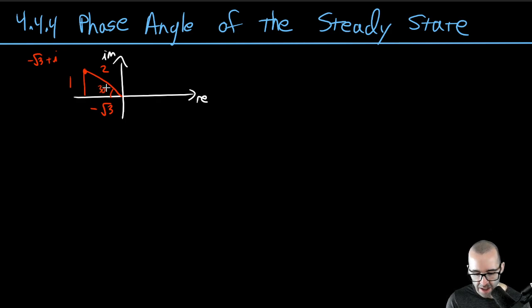This is 30 degrees right here, which means that this angle over here is 150 degrees. So my claim to you is if we look at the complex number 1 over negative root 3 plus i, this complex number should have an angle of negative 150 degrees.